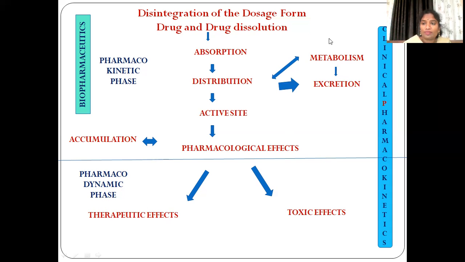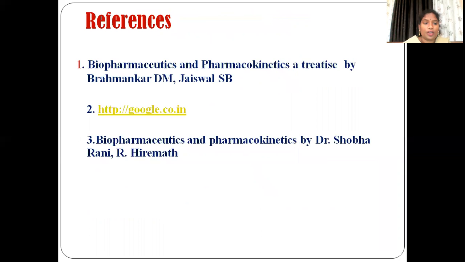Clinical pharmacokinetics means how the body clinically reacts after administration, how it shows the therapeutic effect and response; how the patient responds to the drug, and the drug to the patient. Okay, this is about the introduction of pharmacokinetics. These are the references. Thank you for listening.